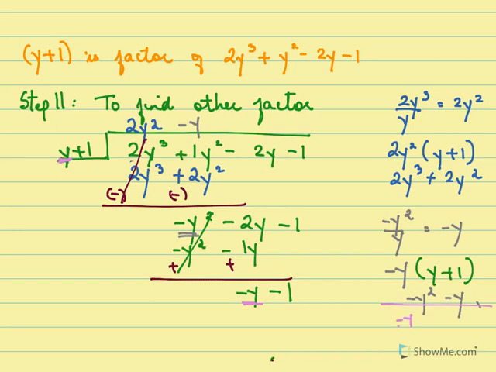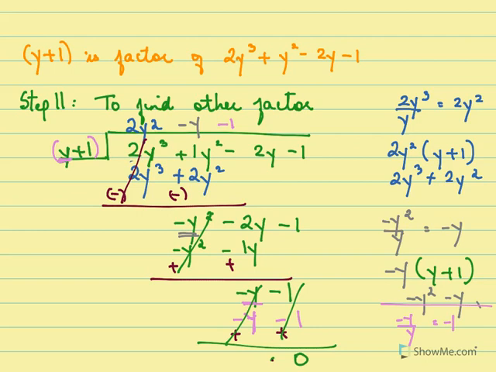So this is minus 1. So I'll put minus 1 here. Now I multiply minus 1 into y plus 1, and I will get here minus y minus 1. We change the sign to subtract. The minus becomes plus, the minus becomes plus, and this cancels out. The remainder is 0, which is expected.